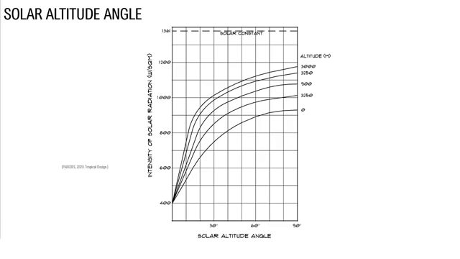So, for example, if you are at about 3,000 meters in altitude and the sun is hitting at 90 degrees, you will have almost 1,200 watts per square meter of solar radiation on you. So the altitude actually is a factor as well in terms of solar radiation.